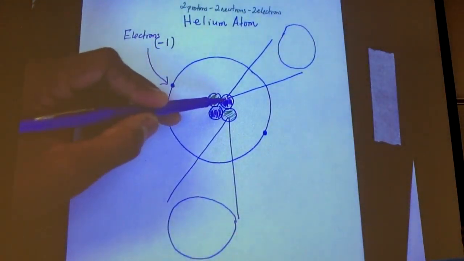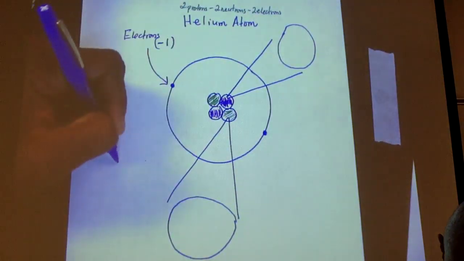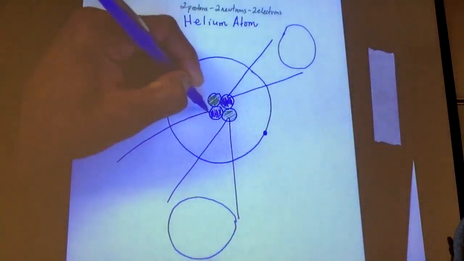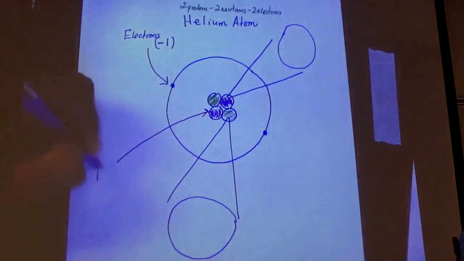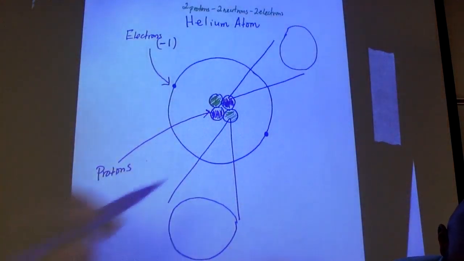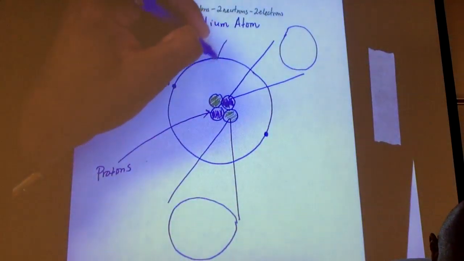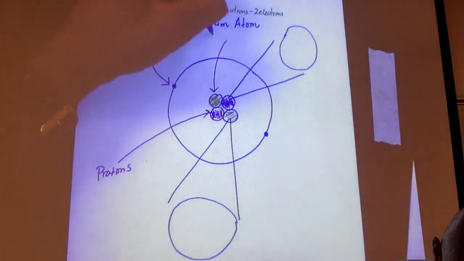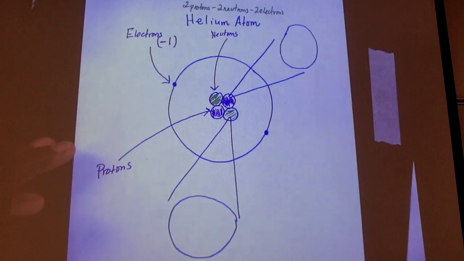So we're going to call the purple ones protons, and we're going to call the green ones neutrons. Okay?